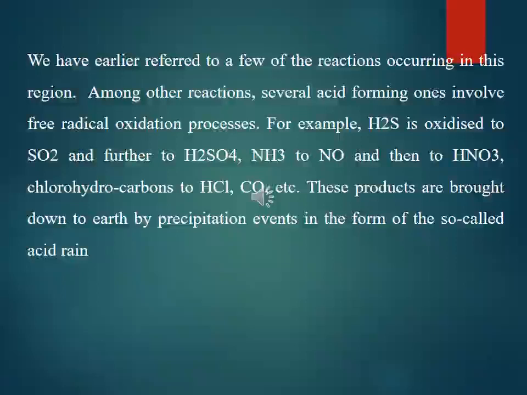For example, H2S or hydrogen sulphide is oxidized to sulfur dioxide and further to sulfuric acid, ammonia to nitric oxide, which is then further oxidized to HNO3, chlorohydrocarbons to HCl or carbon monoxide, etc. These products are brought down to earth by precipitation events in the form of the so-called acid rain.